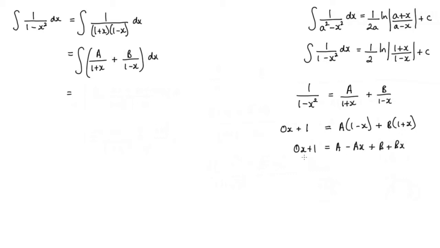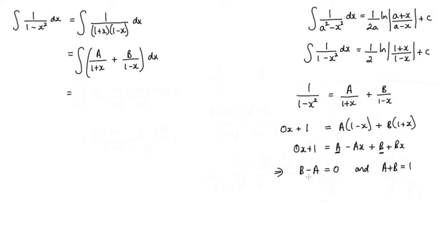So now I can compare the coefficients of the x terms. I've got 0 here, and I've got a negative a, and I've got a b. So b minus a is equal to 0. And let's compare the constants. I've got 1 here, and I've got a and b. So a plus b is equal to 1.